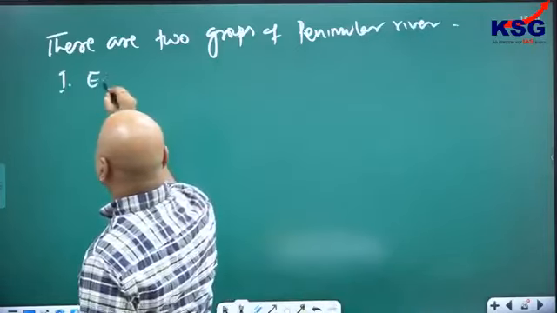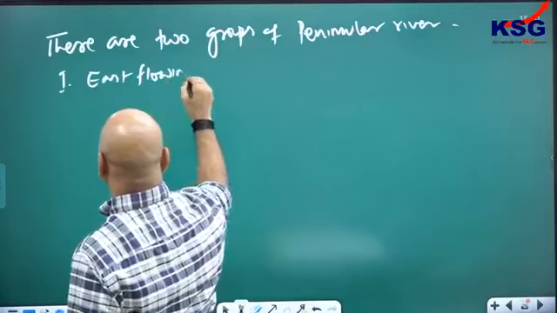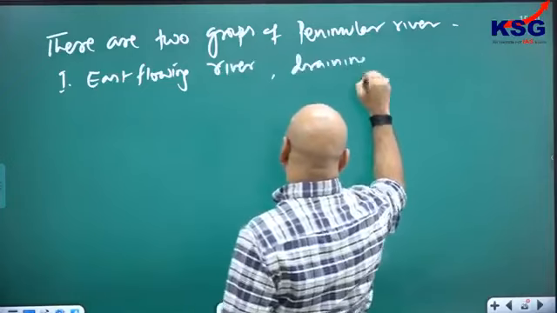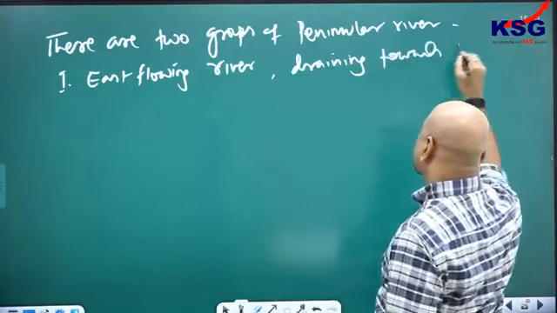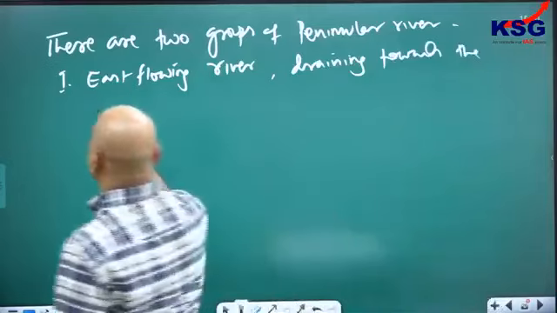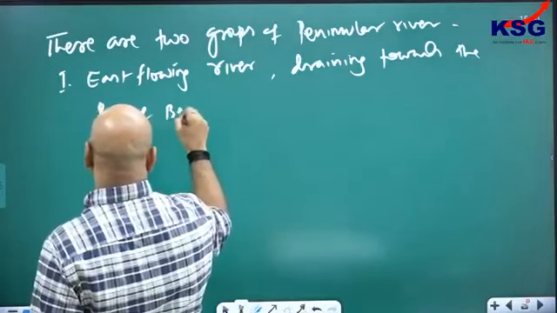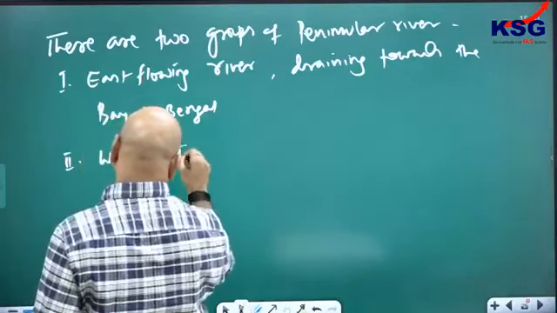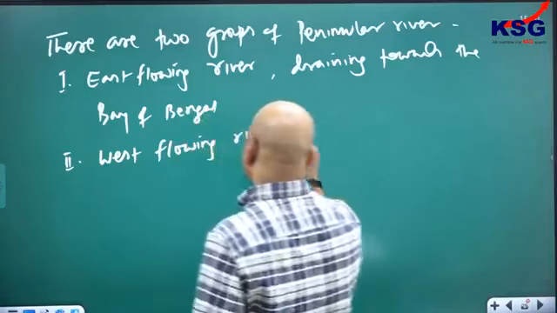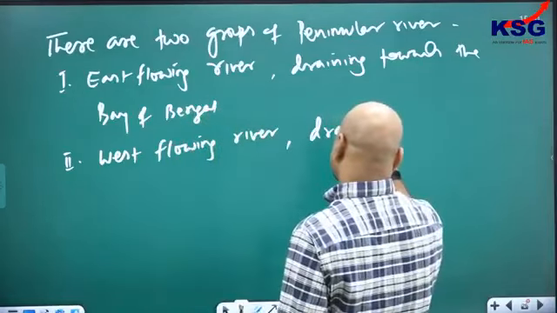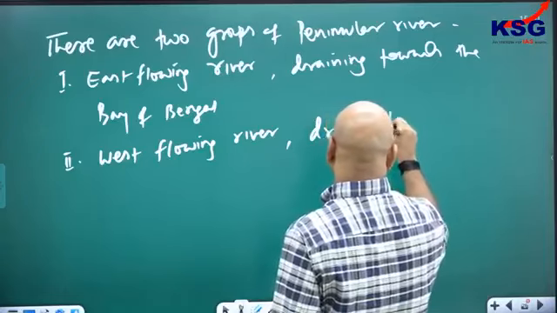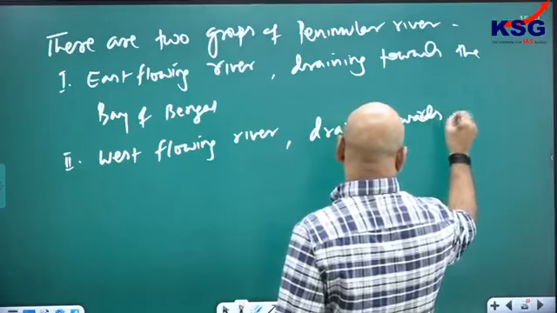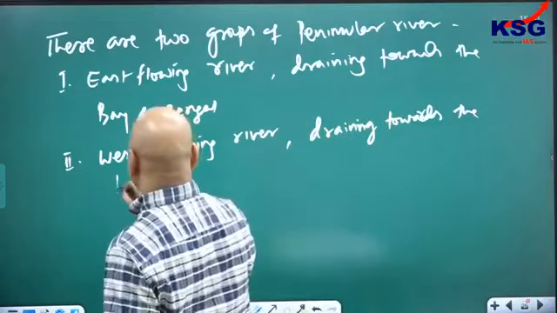One, east flowing rivers draining towards the Bay of Bengal, and second, west flowing rivers draining towards the Arabian Sea.